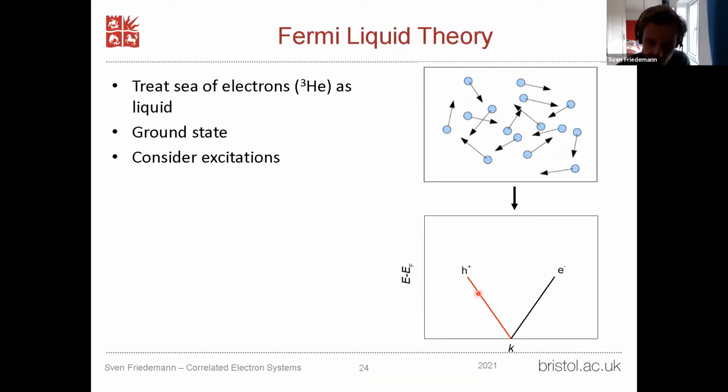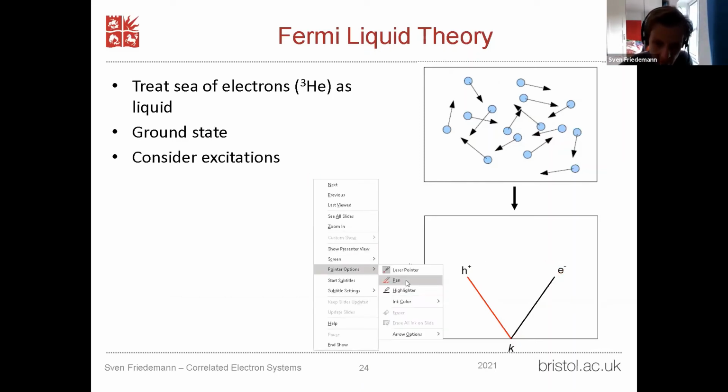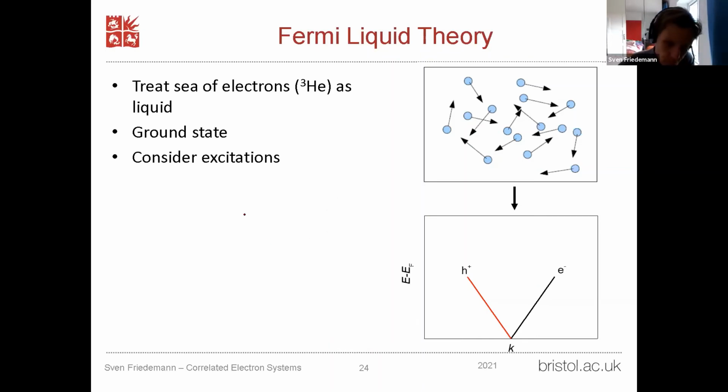Now I'm here drawing this as a hole and electron branch. Maybe let me illustrate where this is coming from. I'll switch to my pen again. So I've previously, of course, drawn an energy versus momentum relation, which was k squared.